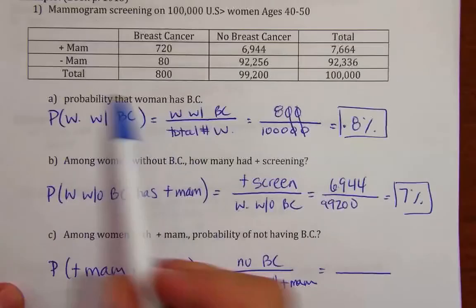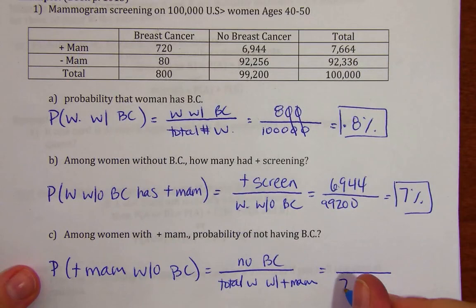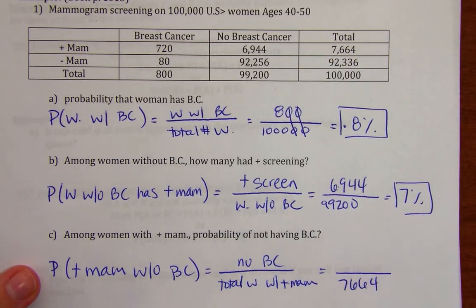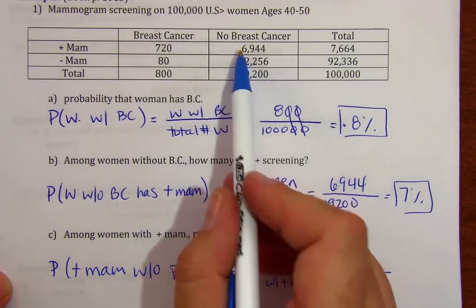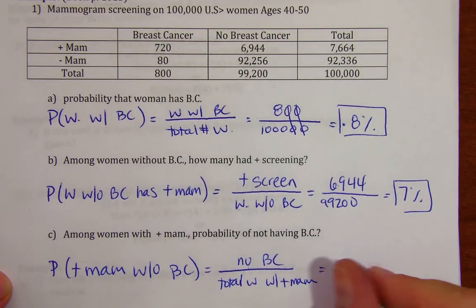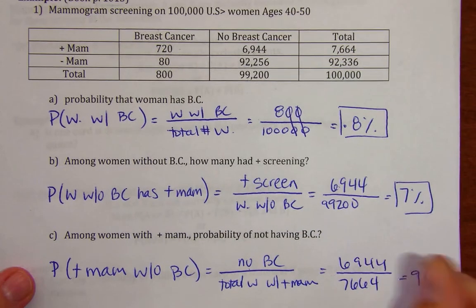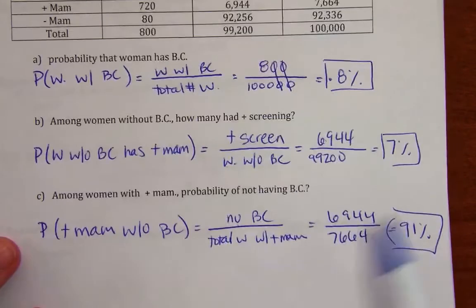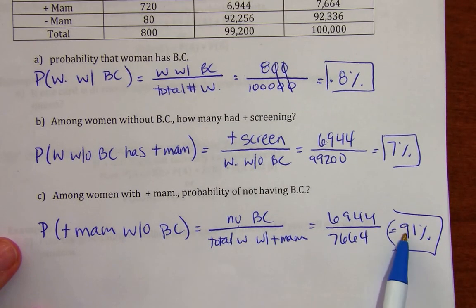The total number of women with a positive mammogram was 7,664, and those without breast cancer were 6,944, and that's about 91%. So what this is telling us is that even if you have a positive mammogram, there's a good chance that you don't have breast cancer.